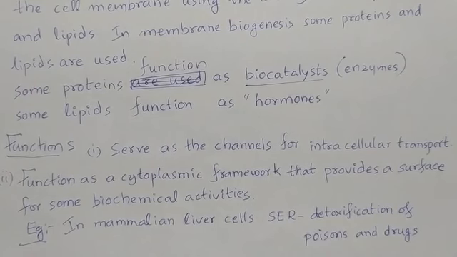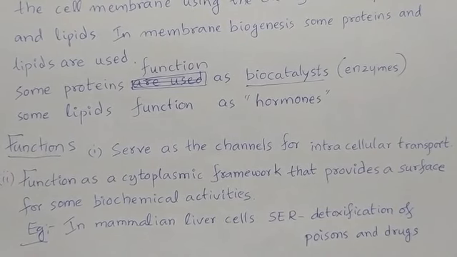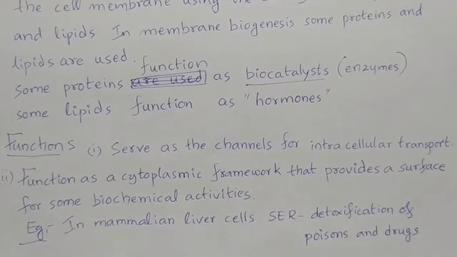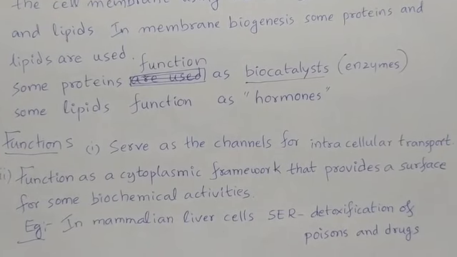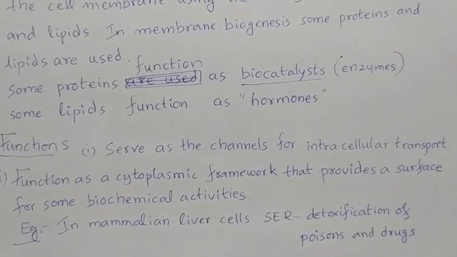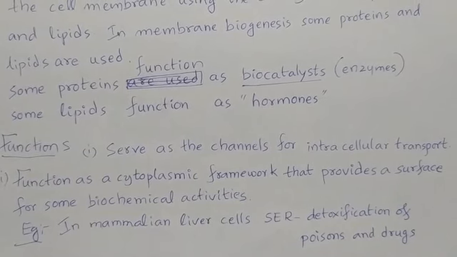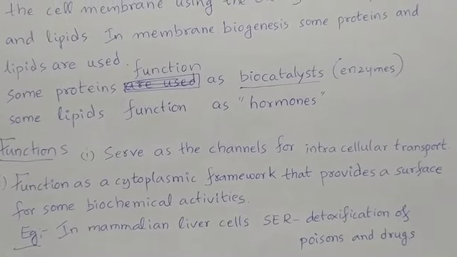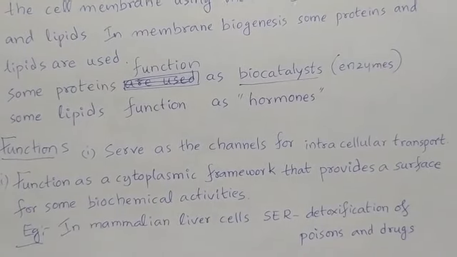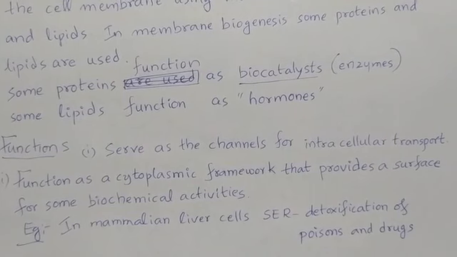Example, in mammalian liver cells, smooth endoplasmic reticulum provides the surface for detoxification of poisons and drugs. Due to various reasons, animals may take up certain chemicals into their body, knowingly or unknowingly.